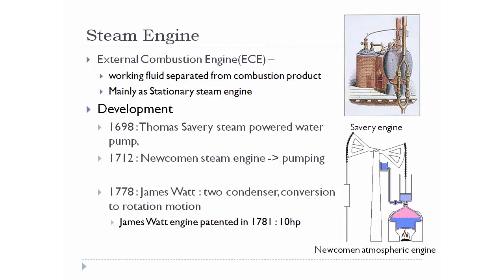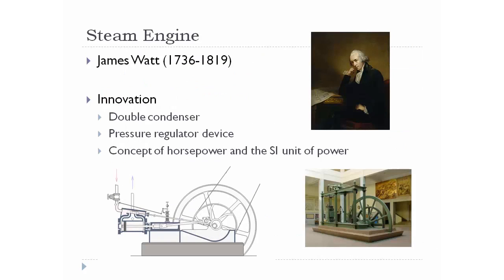James Watt invented the double condenser. Besides that, he invented pressure regulator devices in his steam engine. You can see in the slide the steam engine made by James Watt.